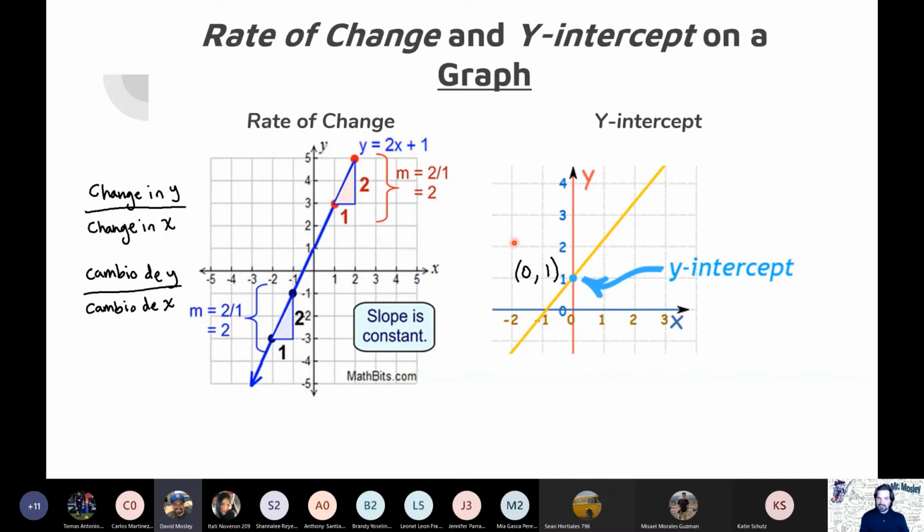El valor de x por las coordenadas siempre primero. I think I have that. Sí. El valor de las coordenadas para x siempre va primero.